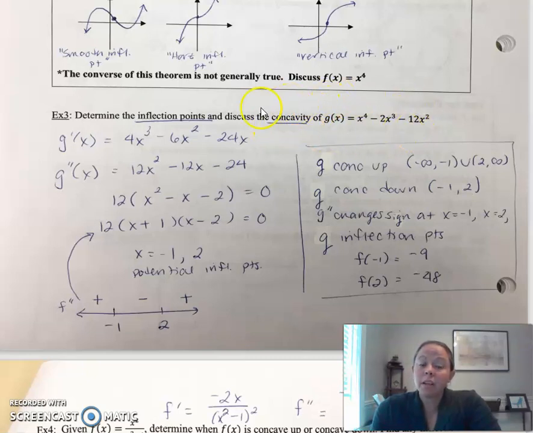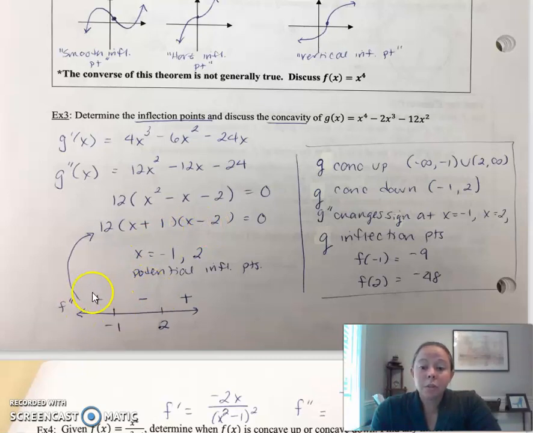When you see concavity and inflection points, you need to think, I need the double derivative. So that's the first thing you're going to do. Do the first derivative, then the second derivative. Set your second derivative equal to 0. And you actually get x equals -1 and 2. Those are your potential inflection points. Put those on the second derivative number line and test these intervals in the second derivative to see when it's positive and negative.